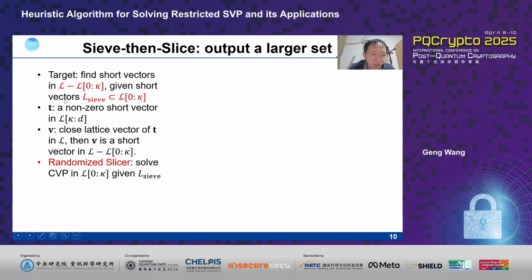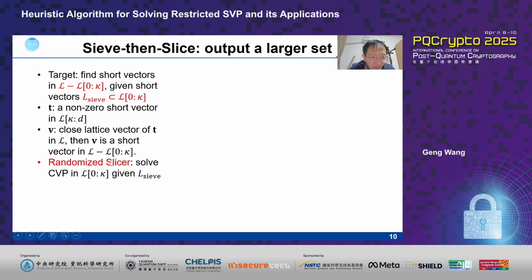To find such vectors, we can first find non-zero short vectors in the projected sublattice from kappa to the dimension d. Then we find the closest lattice vector of T in the full-dimensional lattice L. Then V is a short vector in L, but not in the sublattice.